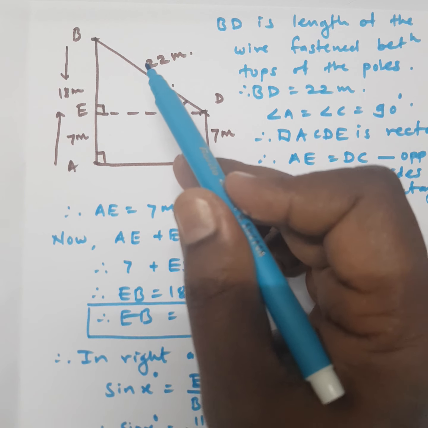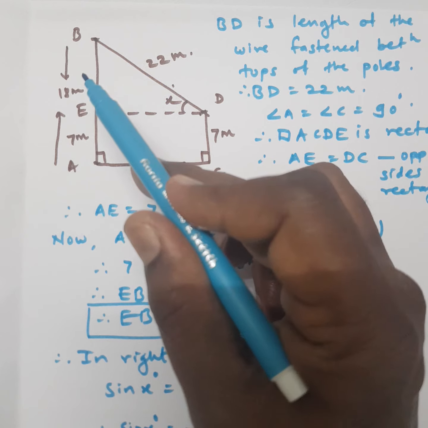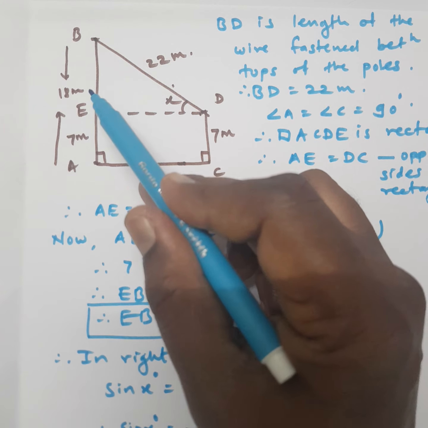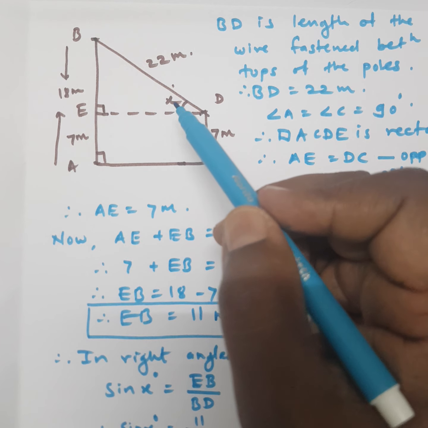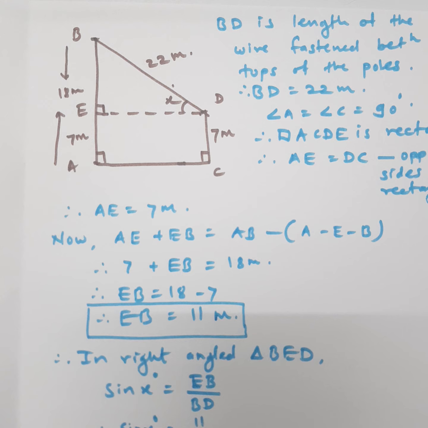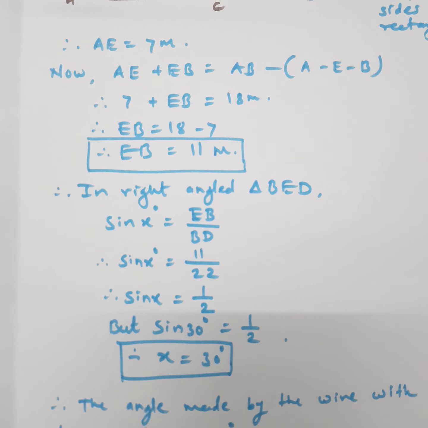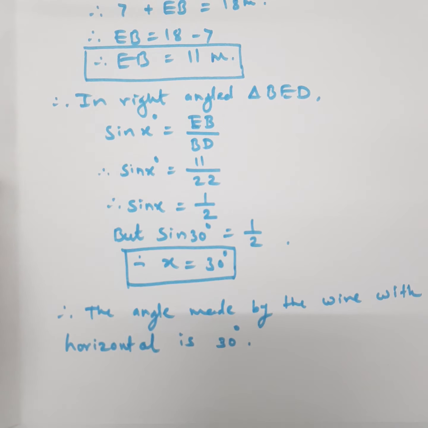Therefore, if the side opposite to an angle is half of the hypotenuse, that angle is 30 degree. Therefore, we can also write the measure of that angle is equal to 30 degree by using the 30 degree, 60 degree, 90 degree theorem also. But here we have to solve the example by using trigonometric ratio.